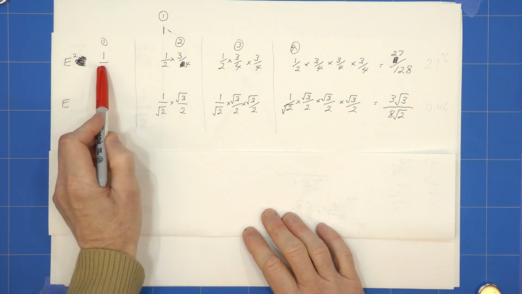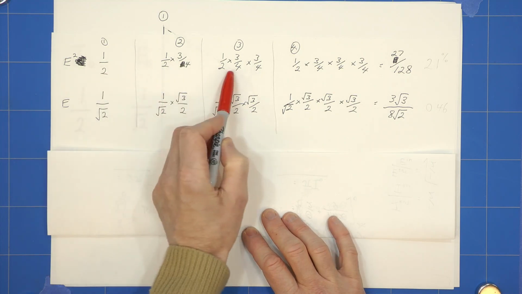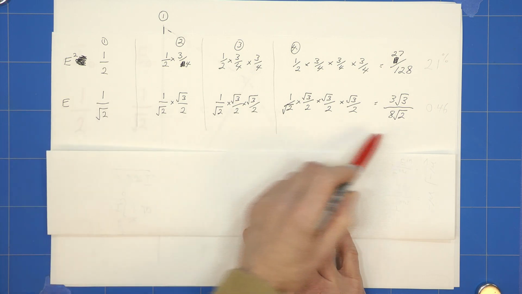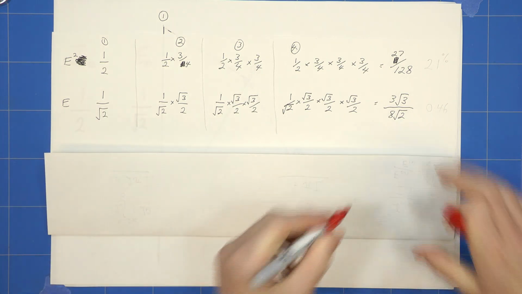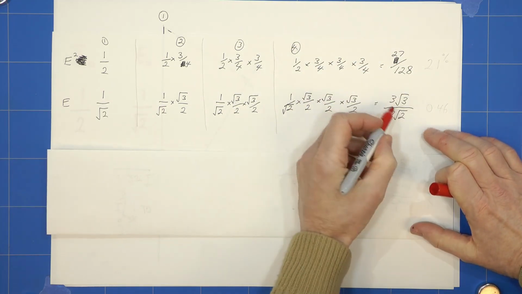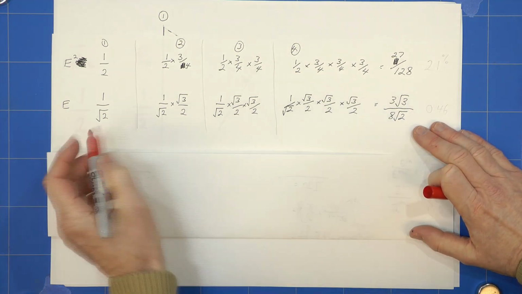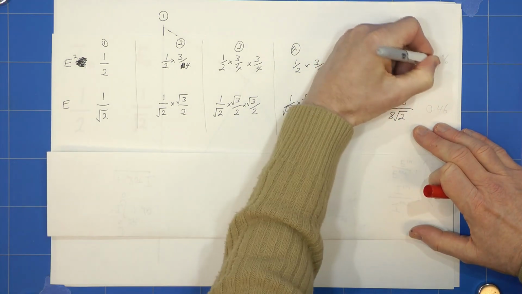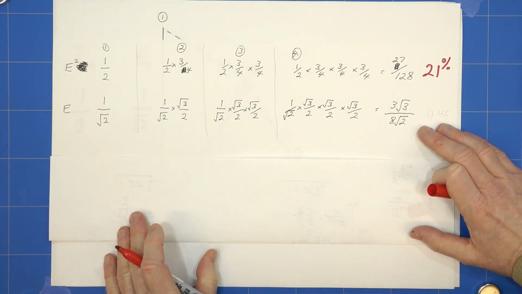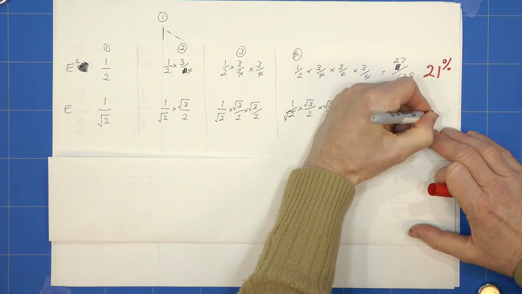So first polarizer, half the intensity lost, and we work through this. Down here I've given you the E values, and we find that at the end we get, for the intensity, 27 over 128, or the square root of that, for the E field. Roughly 21% of the incident intensity coming in is what we get out, and that actually is about 0.46.